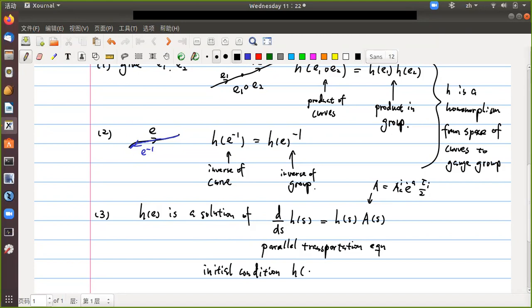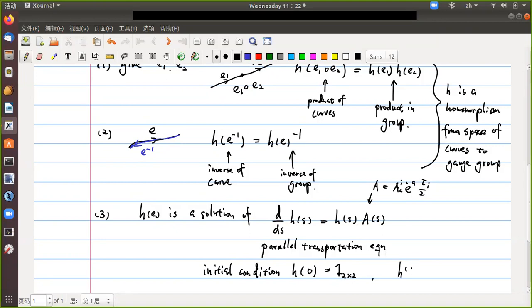So H(0), when s equals 0, is the identity matrix. Then you solve, and because this is a first order ordinary differential equation, this initial condition is enough to uniquely determine the solution. So you get the solution H of s.